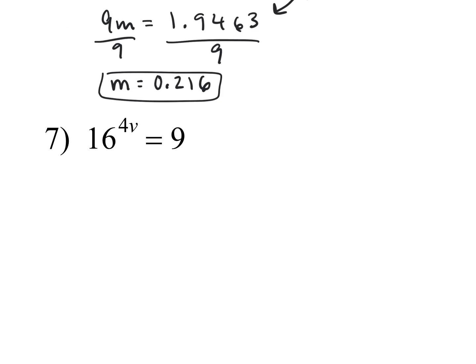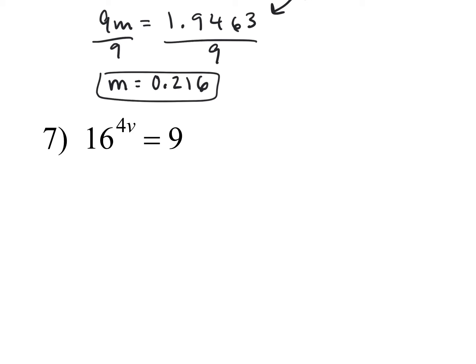All right, let's look at 7. So again here, we can't get the 9 to look like a 16, so we have different bases. So what do we have to do? We take the log on both sides. Log with what base?